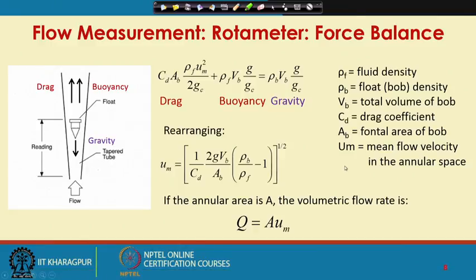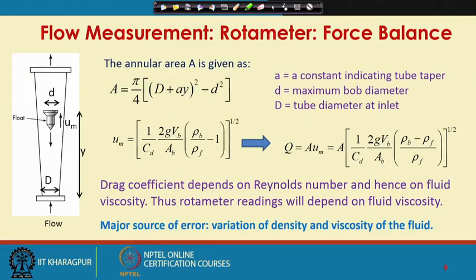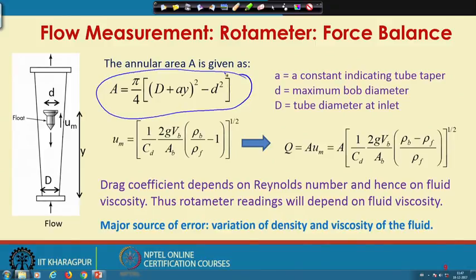Note that the annular flow area is changing as the float is going up or coming down. The annular flow area can be given by this expression, which is pi by 4 into (D plus a y) squared minus small d squared.